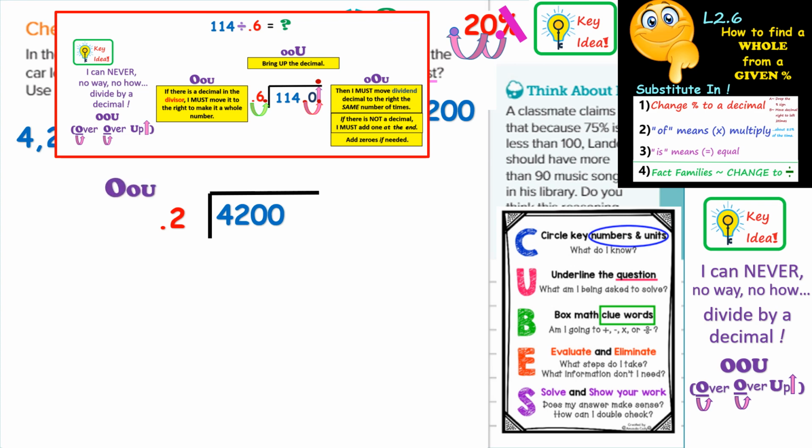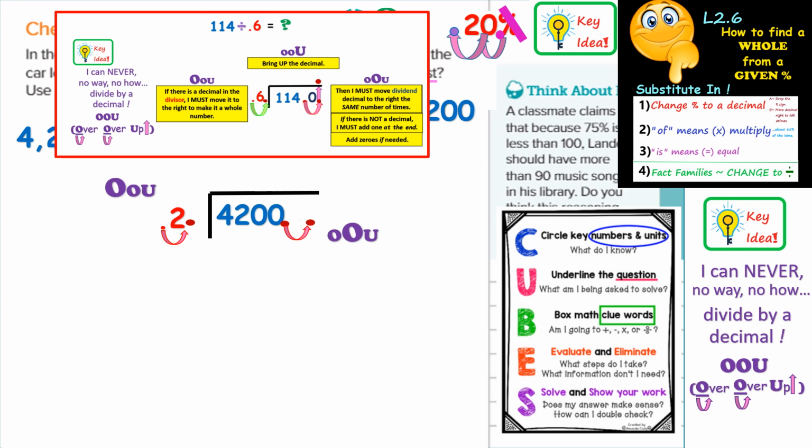So I'm going to move it one time, which tells me then I have to move it on the inside. So if I move it once on the outside, then I look at where it is on the inside. And if there isn't one, I simply put it once again at the end of the number. Don't get in a hurry and put it in the front, because then that messes up your final answer completely. So I'm going to put it on the inside at the end of 4,200.